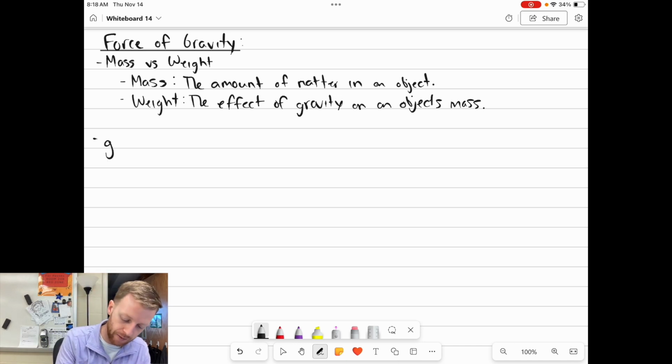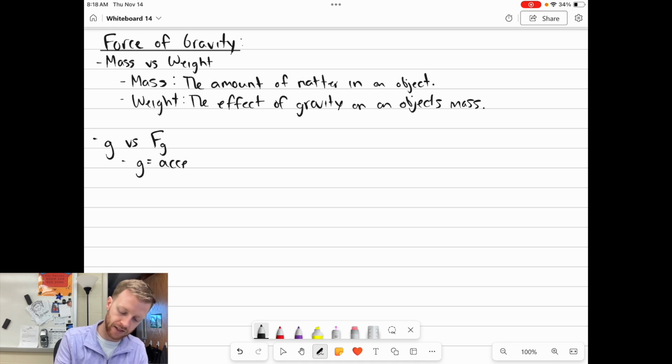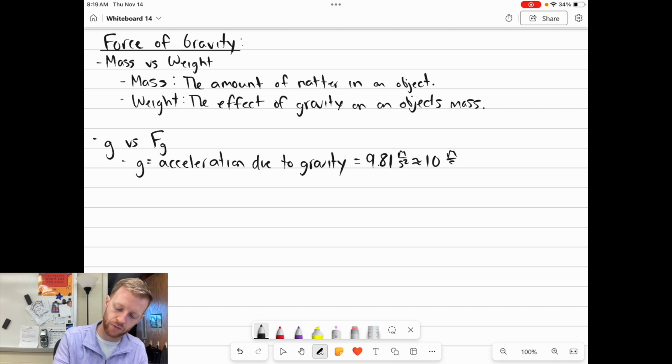The other thing we want to talk about is little g versus the force of gravity. F sub g versus the little g that we've been talking about with free fall. So little g is the acceleration due to gravity. Everything on planet Earth has the g that is equal to 9.81 meters per second squared, or approximately 10, which is what we use on all of our worksheet problems.